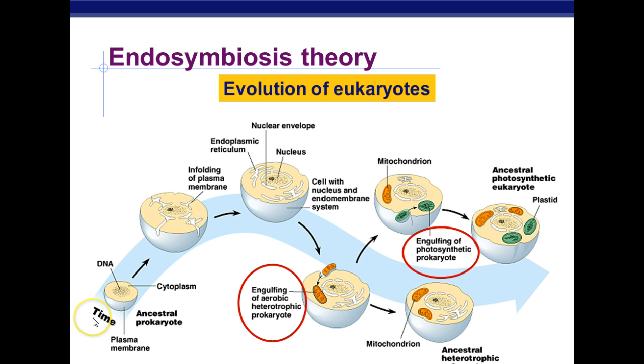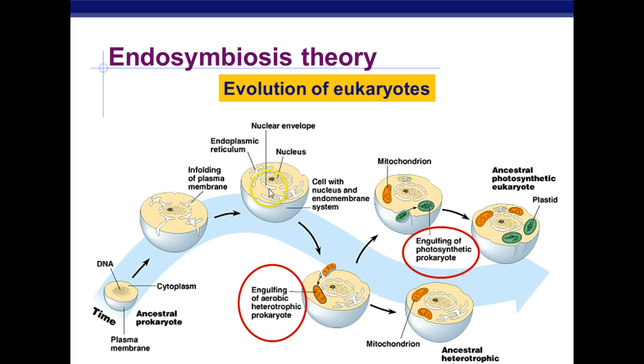In step 2, this primitive prokaryote begins to evolve, and over time new characteristics appear, expanding its genome and requiring a nucleus to house the larger genome. So now it starts to develop an endomembrane system. All right, that endomembrane system then gives access to the outside of the cell from the nucleus.